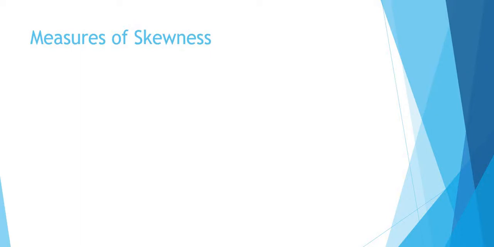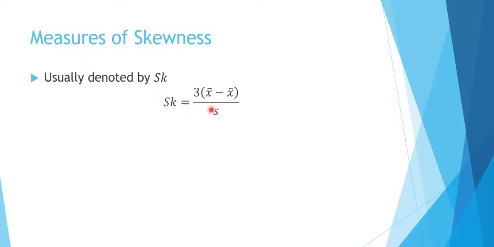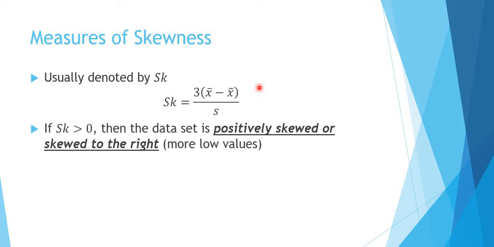So first, let's talk about skewness. Skewness is usually denoted by SK. This is the formula, although we're not going to manually compute it; we're going to use Excel like before. But here's how we interpret skewness. If our skewness is greater than 0, then the data is positively skewed or skewed to the right. If this is our data set, let me draw our histogram as a curve already.